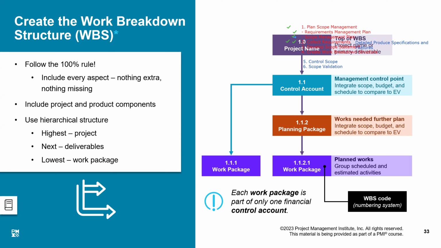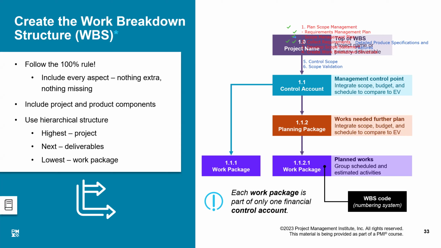One more thing you might note in this chart is that every box has a number. You can visualize how these numbers are being allocated. The main project is numbered 1.0. The control accounts may be numbered 1.1, 1.2, 1.3, and 1.4.